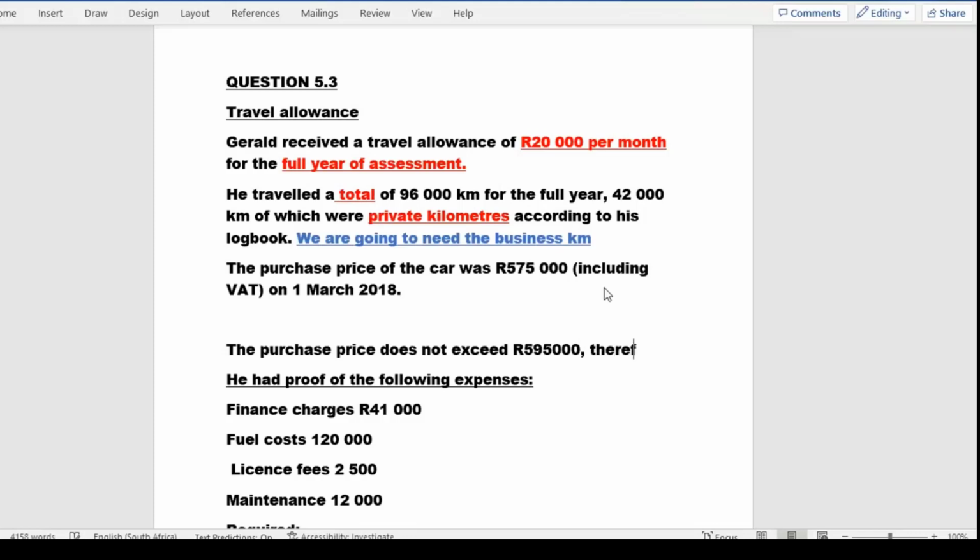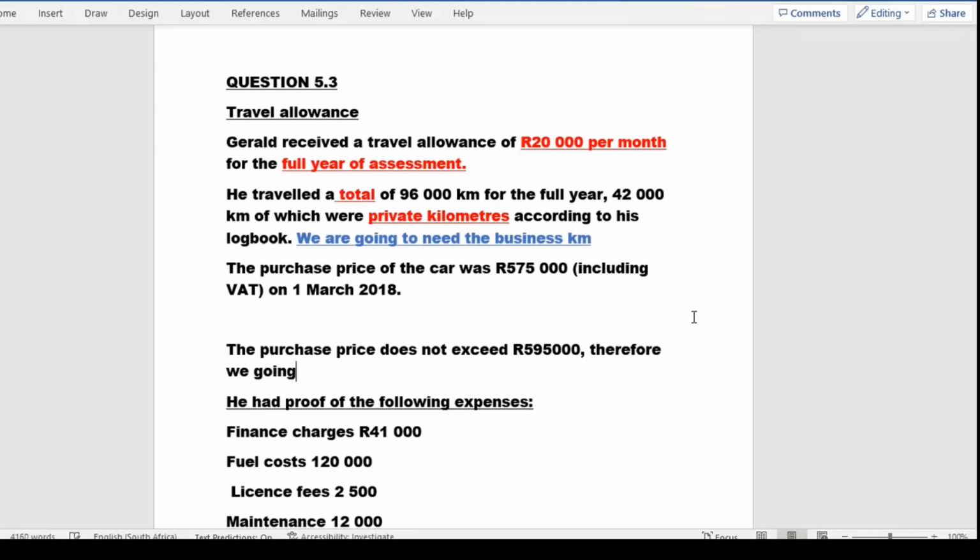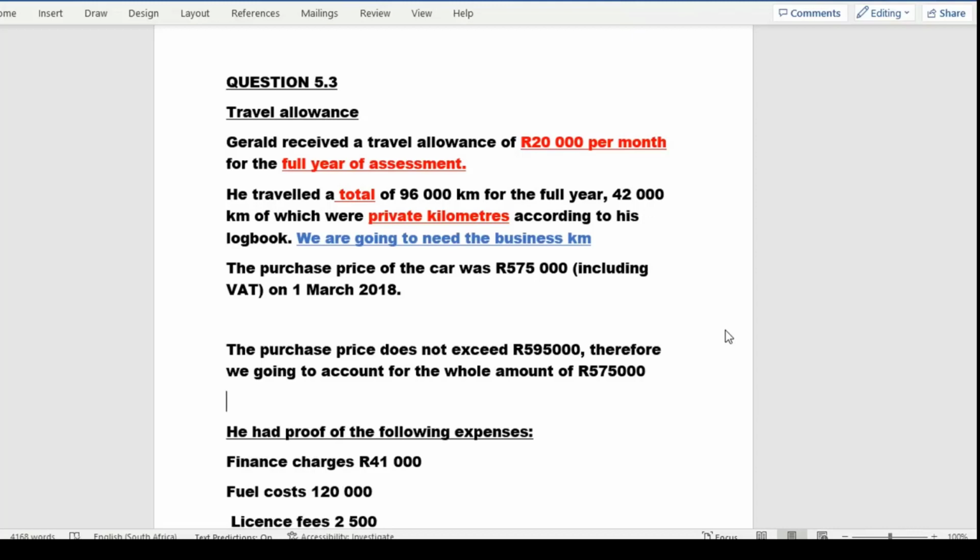Therefore, for the car we're going to take the whole amount of 575,000. So we know that we're going to use the limited to 7 years.